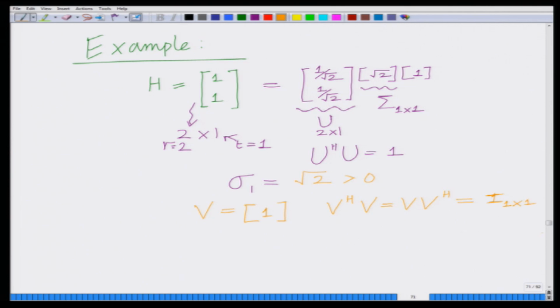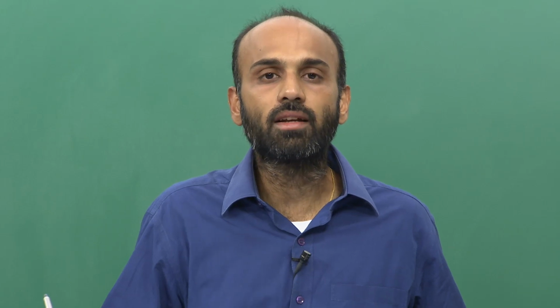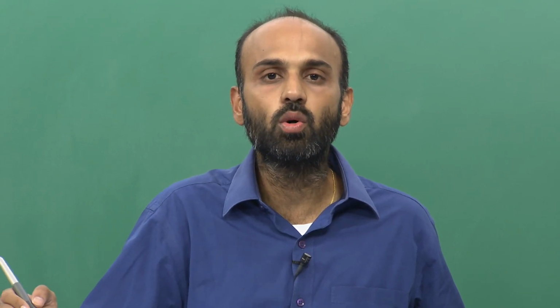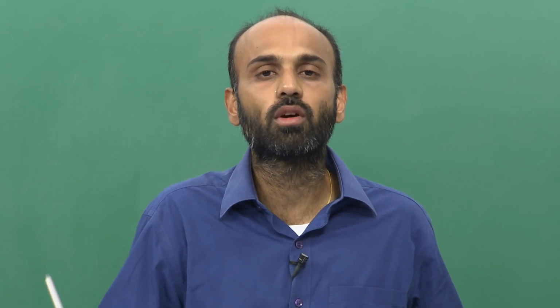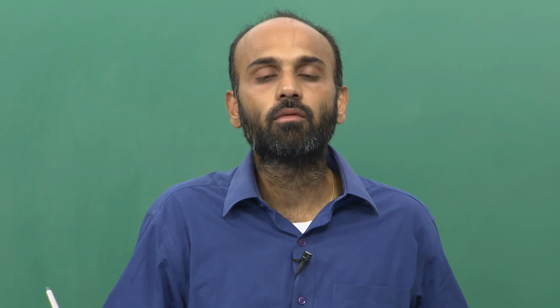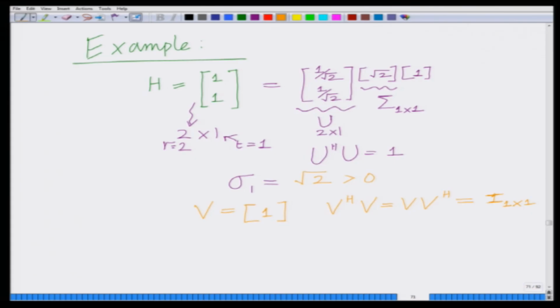So, we have looked at a simple case of the singular value decomposition of a single input multiple output channel in which both coefficients are 1. It is decomposed as the matrix U, the 2 cross 1 matrix containing 1 over square root of 2, 1 over square root of 2, whose single column is naturally normalized to unit norm, times the singular value square root of 2, which is greater than 0, times the trivial matrix V, which is 1 for this scenario. That is a simple example of a singular value decomposition.